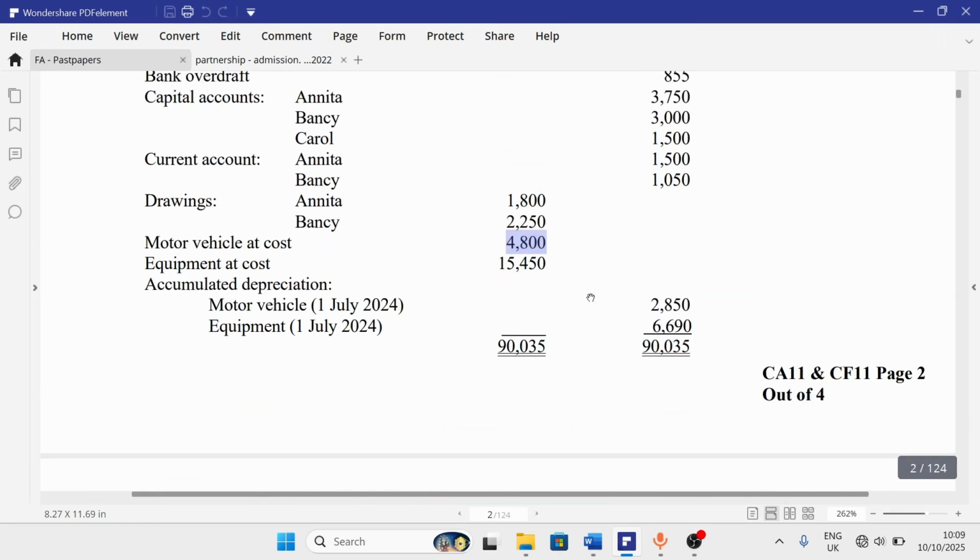When you go to the trial balance, the cost of equipment was 15,450. We want to deduct accumulated depreciation for equipment so that we can get the net book value. So accumulated depreciation for equipment was given as 6690. So take 15,450, deduct 6690 to get the net book value.